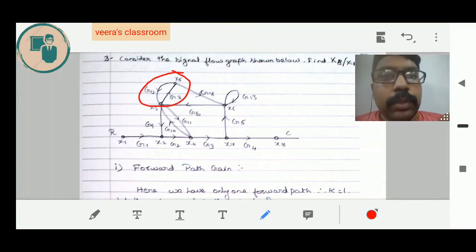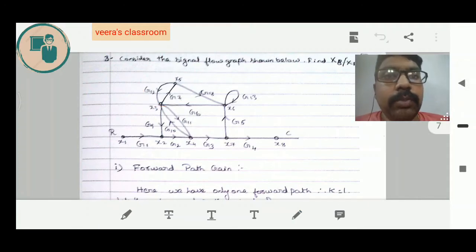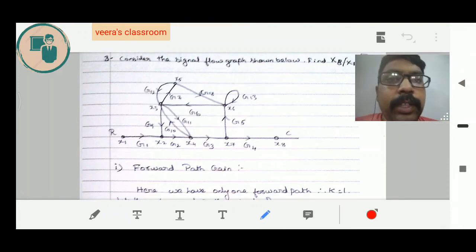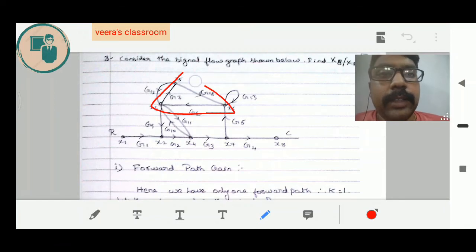In this loop, x3 and x5, it goes through G7 and comes back to x3 through G12. This is individual loop gain 1. The second one denotes this triangle.